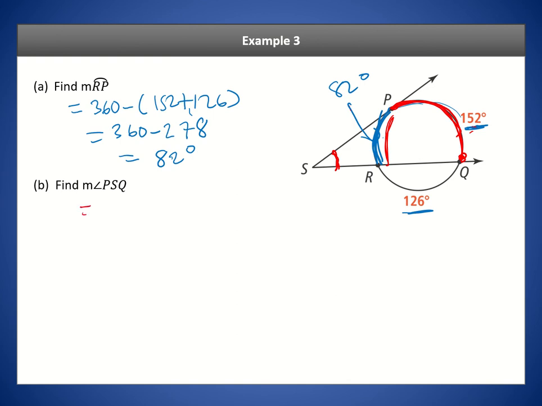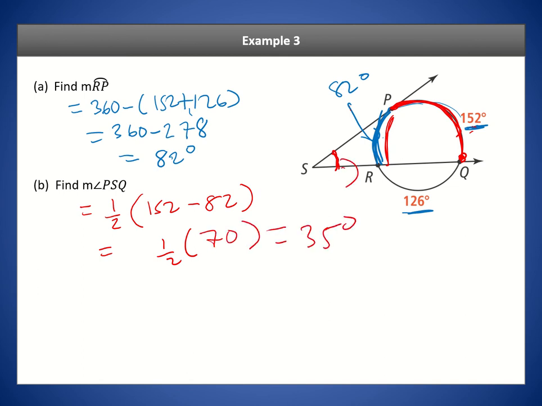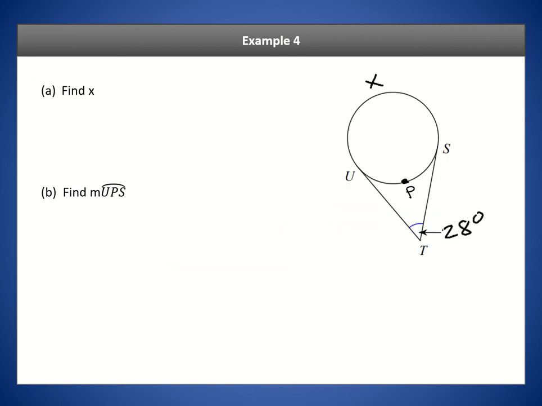So this is equal to half the difference of 152 and 82. We got 152 minus 82 should be 70 degrees, and then take half of that, you get 35 degrees. All right, so that takes care of that theorem.